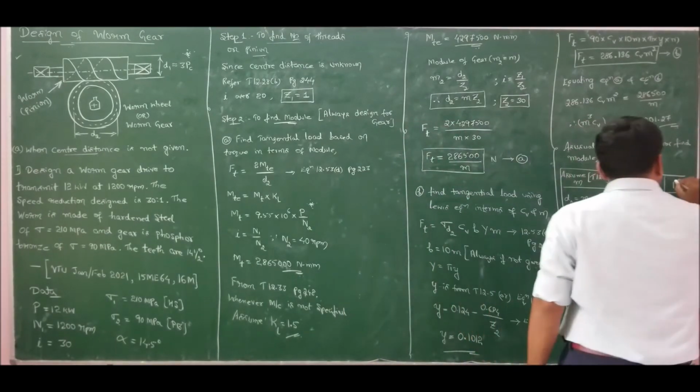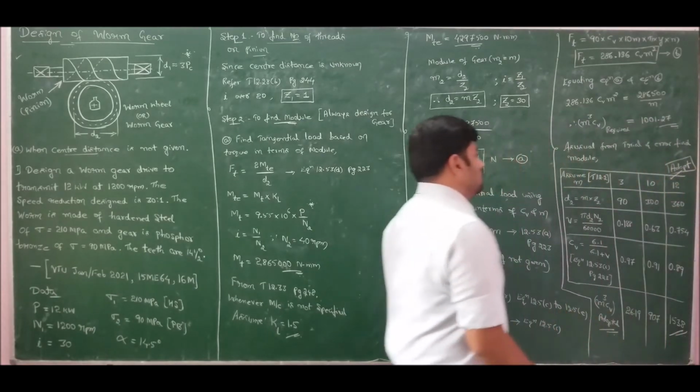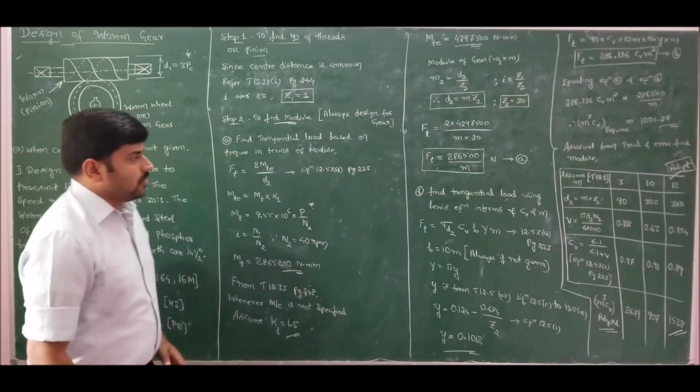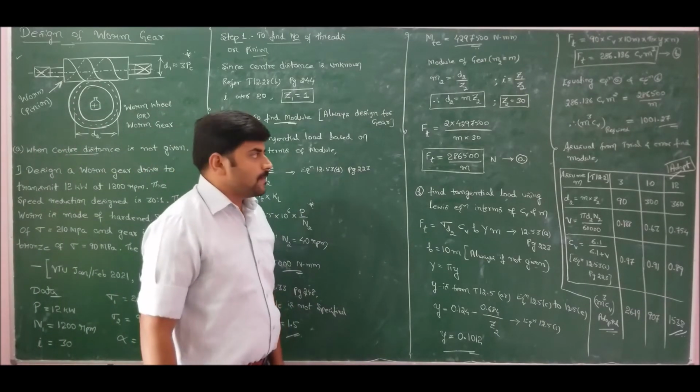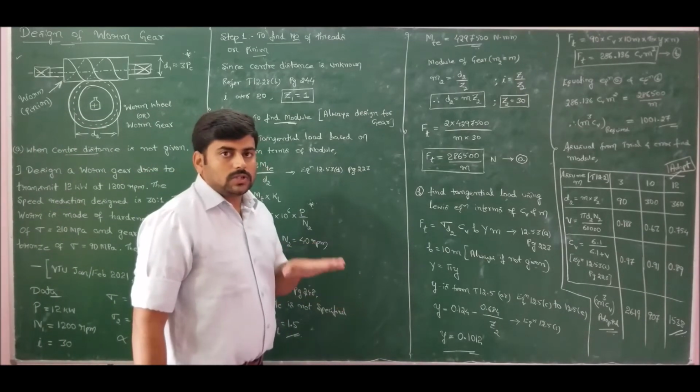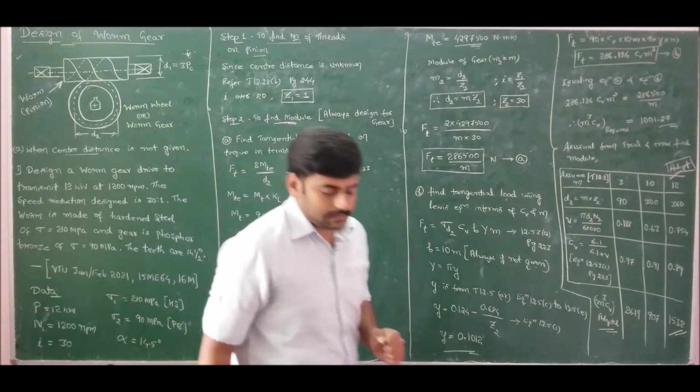So we have found the module for this problem, which is turning out to be 12 millimeters. Let me pause this video for a while so that people can copy it down. Later we will move on to step number 3.